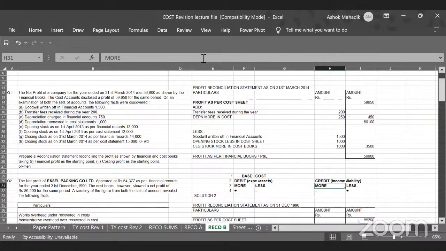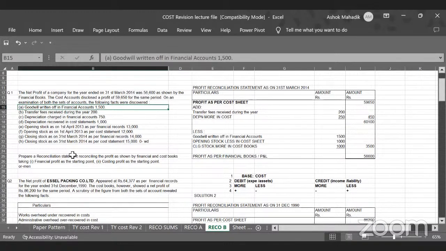This is step two. Step one is decide the base. As soon as you start with some profit, that becomes your base. Step two, you look at the first item and tell me whether it's a debit item or a credit item. Now look at the question. Here an adjustment is given to you: goodwill written off in financial accounts, 1,500.